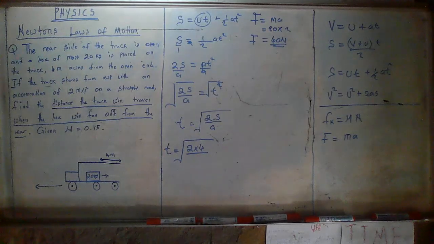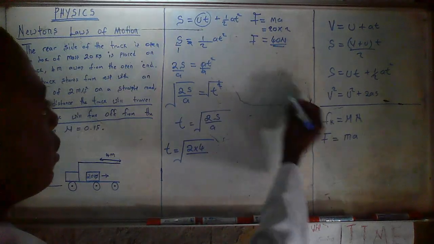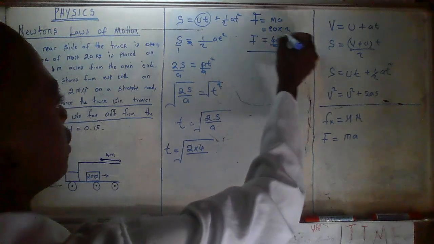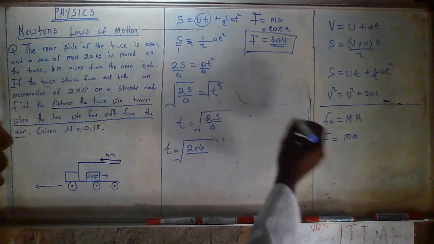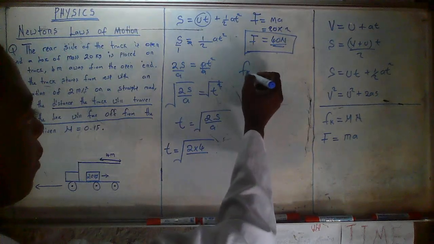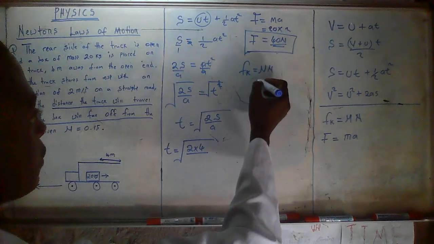But this 40 Newton was acted upon by friction force, or was reduced by friction force. How? We know how to find friction force. So initially we had this force which was pulling the box, then we had friction force again, which is given by this.